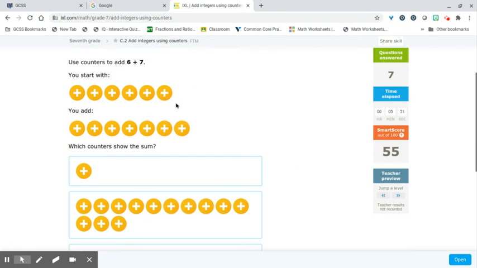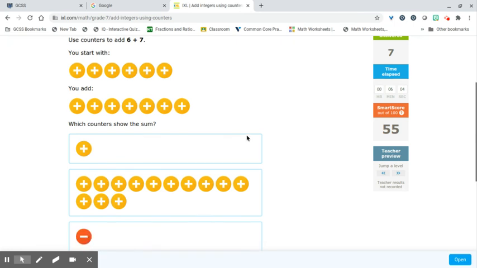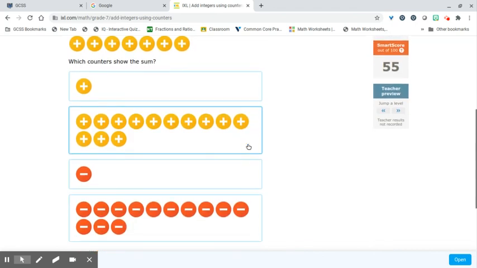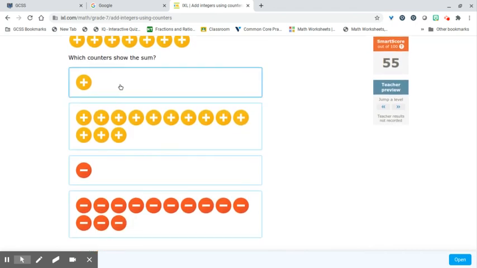Again, we're back where we were when we were growing up in second and third grade when we were learning addition. Here we are. We know that we have 6 and we're going to put 7 more with it. So that's going to give us 13. So we have to find 13. And I can look at this picture. Look, I have a 1 here. I have a 1 here. I have a bunch, I don't know how many, of negatives.